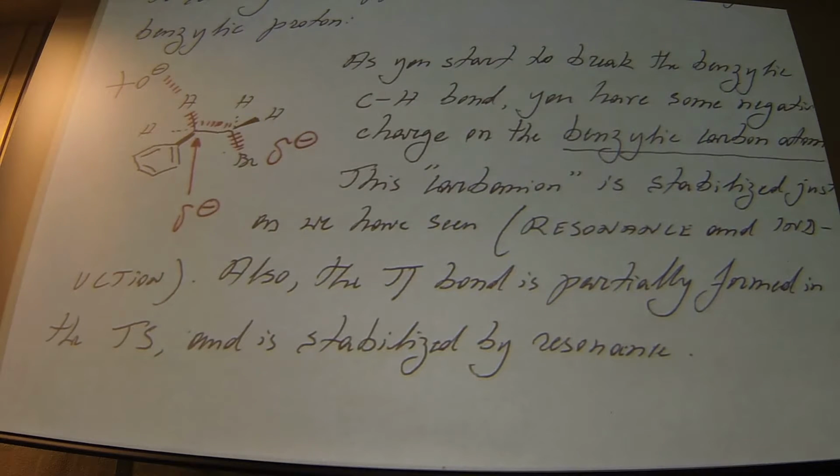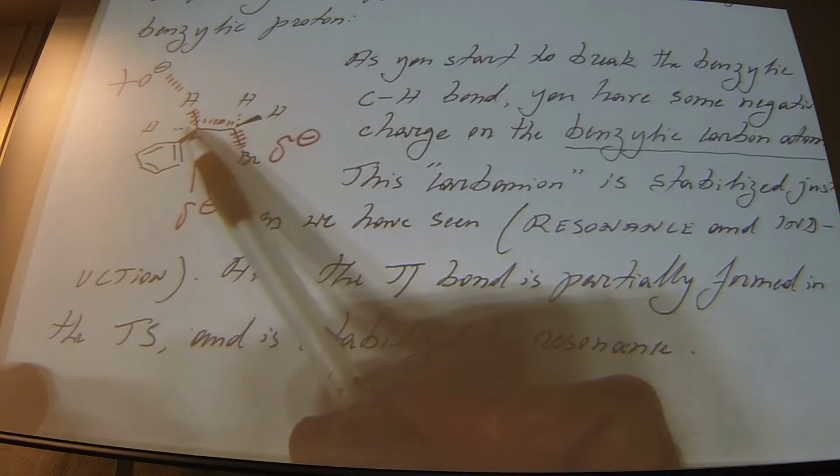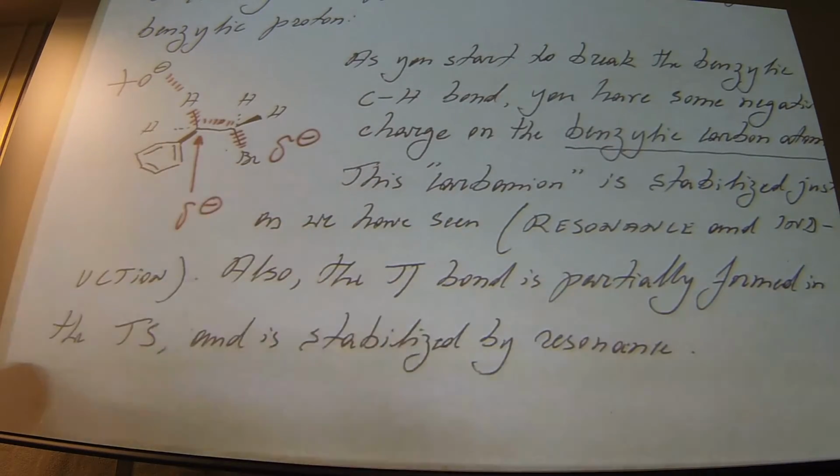And so just as we saw that a benzylic carbanion is stabilized relative to a non-benzylic one, so also is this benzylic transition state, where I have not a full negative charge, but a partial negative charge on the benzylic carbon. There it is. This is also stabilized compared to what it would be if there was no benzene ring here.